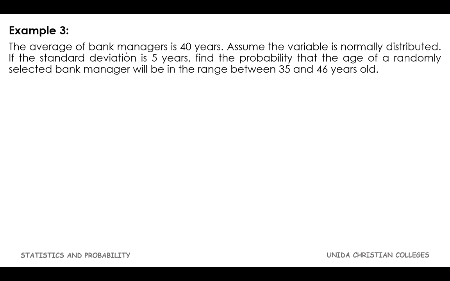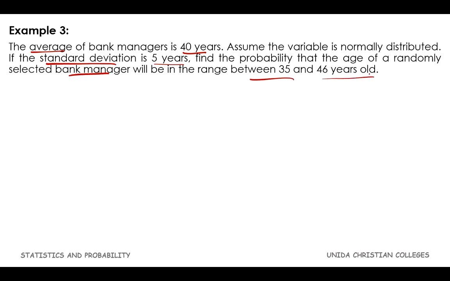The average of a bank manager is 40 years. Assume that the variable is normally distributed, if the standard deviation is 5 years, and find the probability that the age of a randomly selected bank manager will be in the range between 35 and 46 years old.